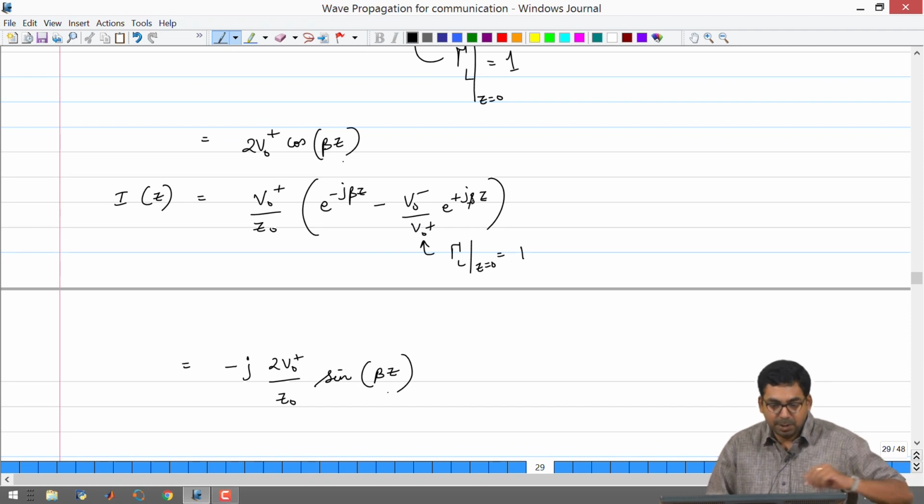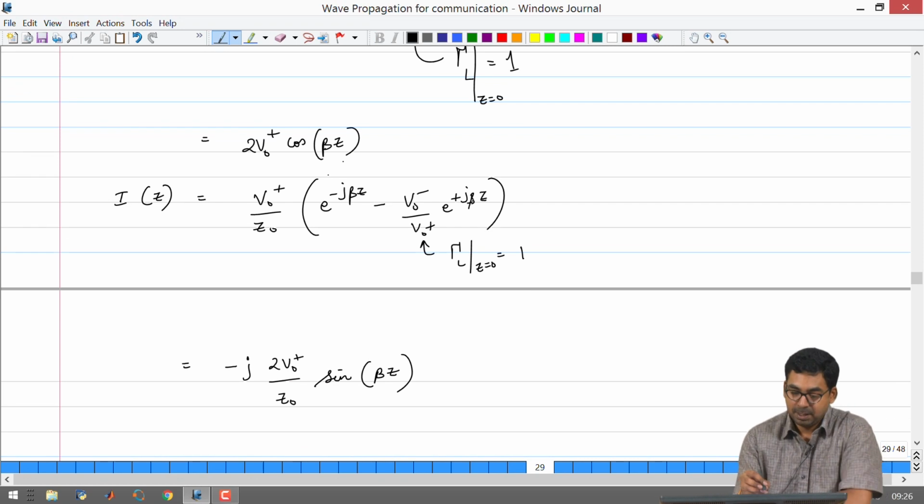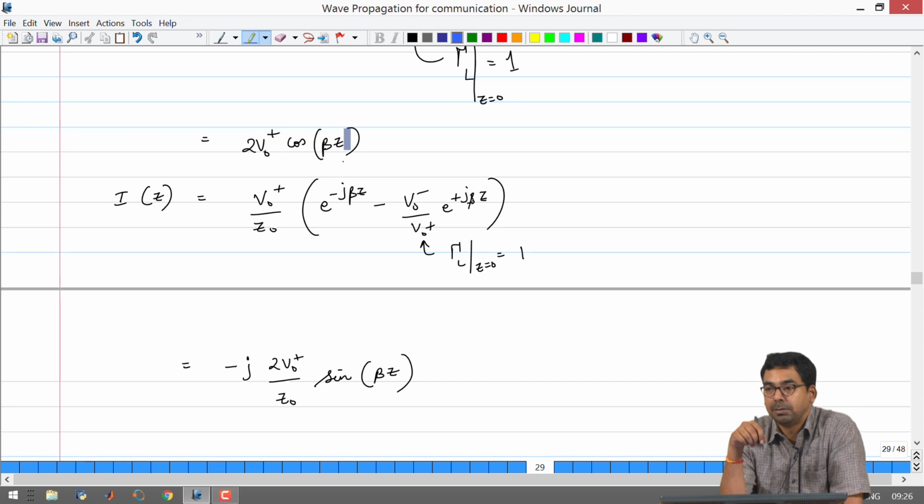First of all, as you go along the distance of the transmission line, there are going to be specific places, for example z equal to 0, and then beta times z is going to be some multiple of 2 pi or pi. You will have repetitions of the voltages occurring in your transmission line. So, it will be repeating again and again.